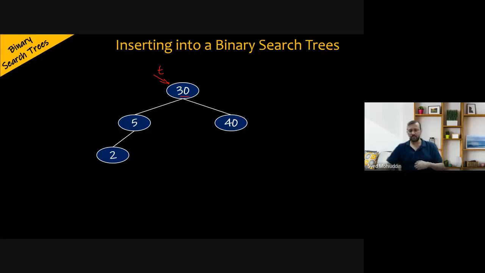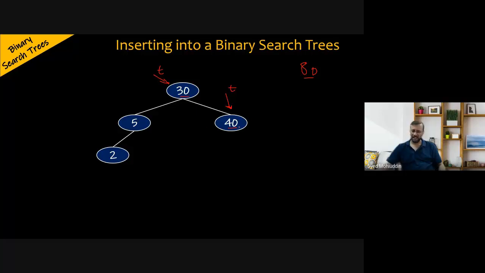subtree. So in this case, we are inserting element 80. It's greater, so we move this t to its right child. Then we move t to the right side again, because it's greater. Then again we check the element which we are inserting, that is 80, with the element in the node, that is element 40.